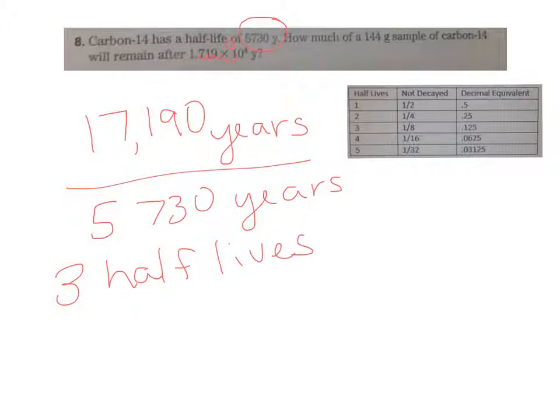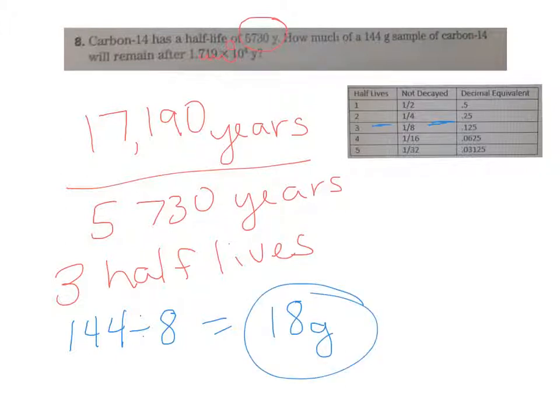Now it wants to know how much of a 144 gram sample would remain. So we need to look up here at the 3 half-lives. 1/8 will remain. So 1/8 of a 144 gram sample. So you can divide 144 by 8, or you could multiply by 1/8, either way. That's going to give you 18 grams.